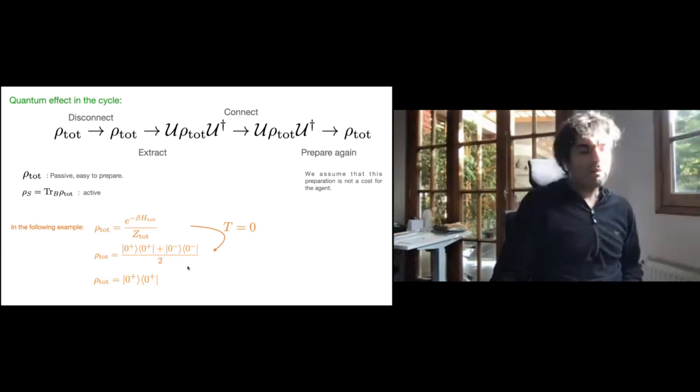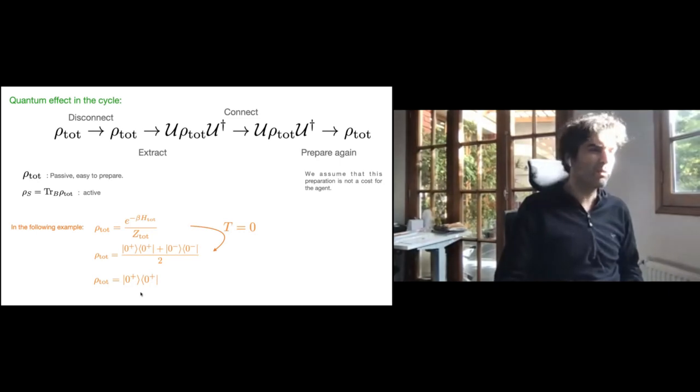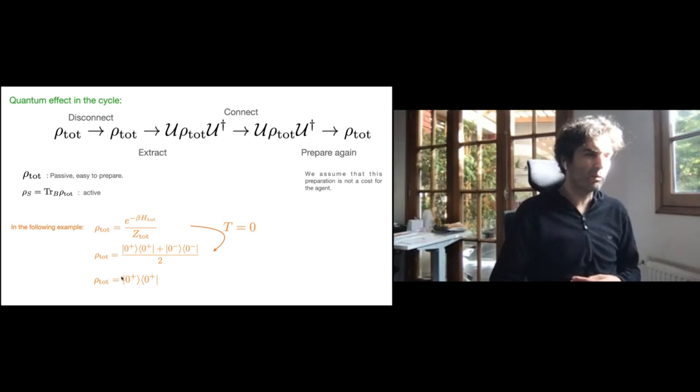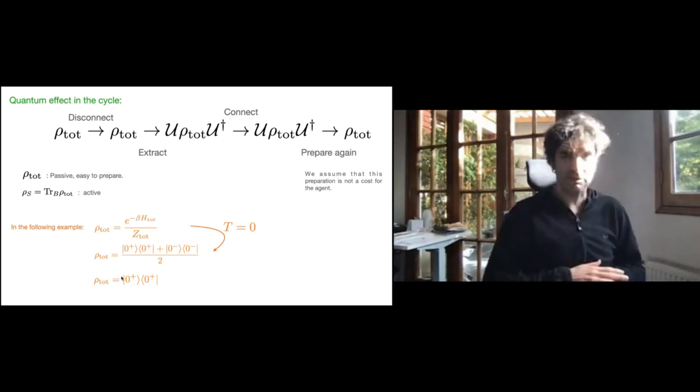And therefore, we will also consider that we can start the global system in one of the ground states. So this pure state given like this is not a thermal state, but if it is easy to prepare, it is interesting to discuss this situation.